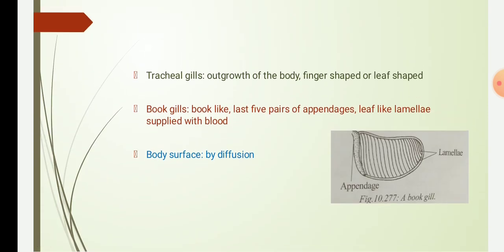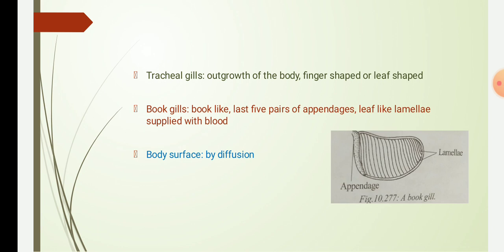Then the next one is the tracheal gills. These tracheal gills are outgrowths of the body wall, and they are finger-like or leaf-shaped, containing a system of tracheae. This type of tracheal gills is found in naiads, that is the aquatic larva of the insect.